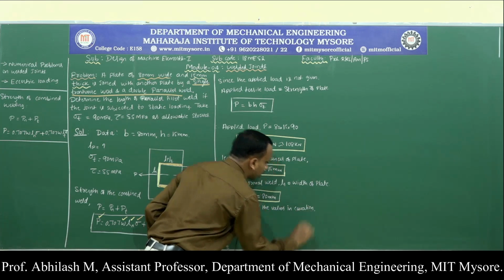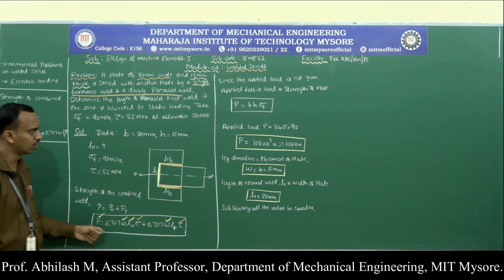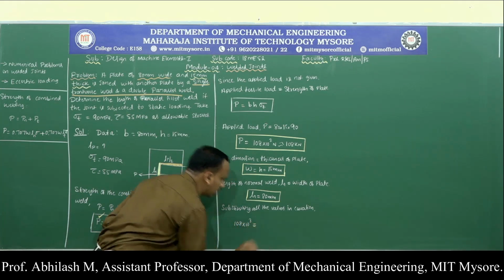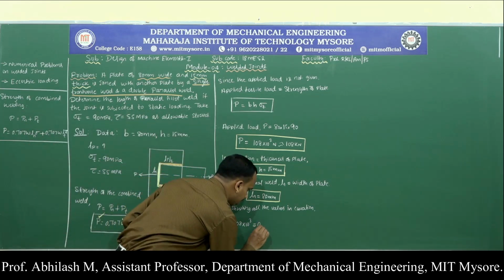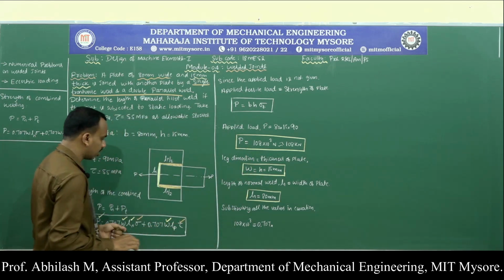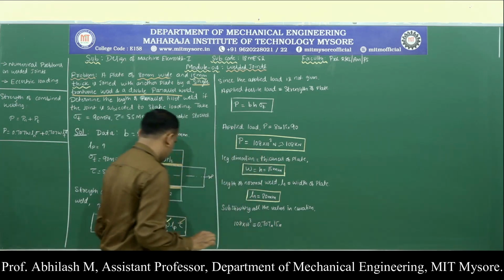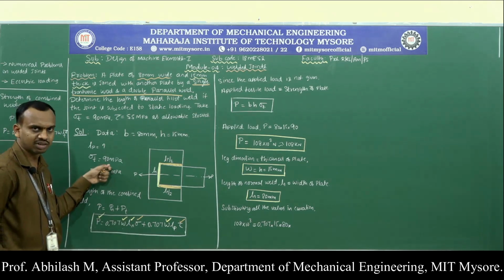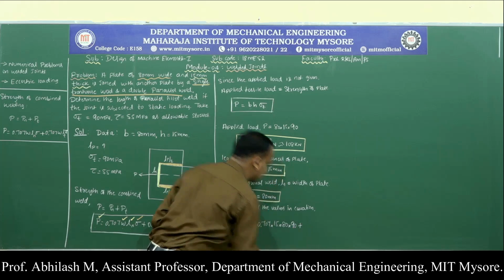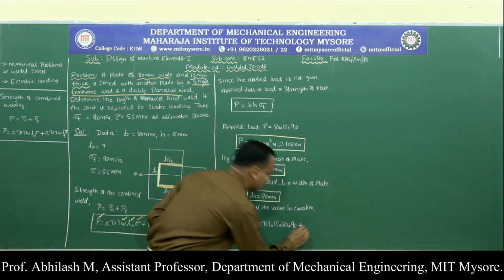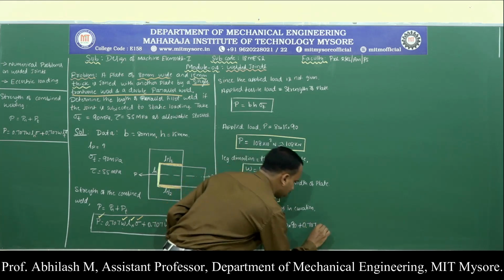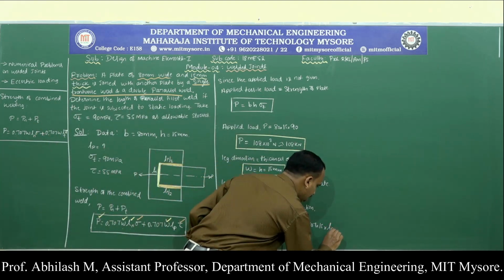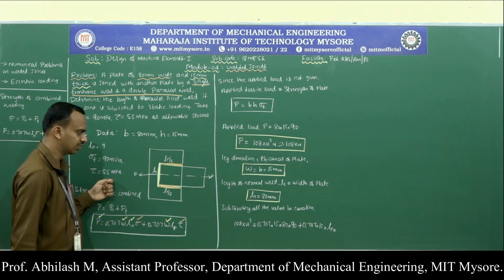we are going to obtain, we know P is equal to, what is P equal to? 108 into 10 to the power of 3. 108 into 10 to the power of 3 is equal to 0.707 into the width of the plate, W is 15, the length of the normal weld will be equal to the width, that is 80, into sigma, that is allowable stress, that is given in the problem, 90, plus again we have 0.707 into W is 15 into the length of the parallel weld that we are supposed to calculate, LP, into the tau value, that is allowable shear stress 55 megapascal.